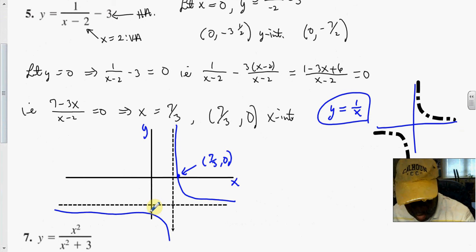And then the y-intercept is a little bit below -3. That's the -3.5. That's what I want you to see. So this is the point 0, -7/2.